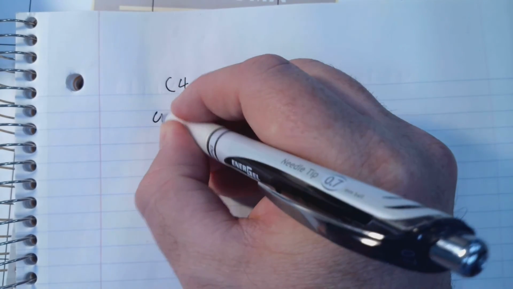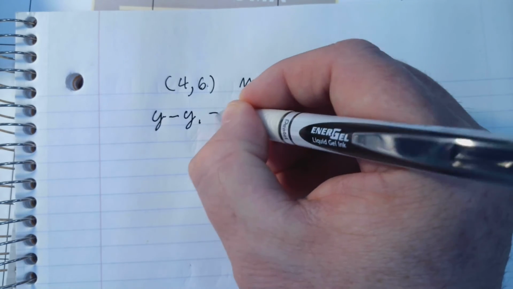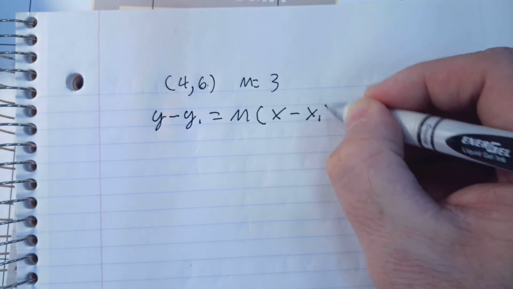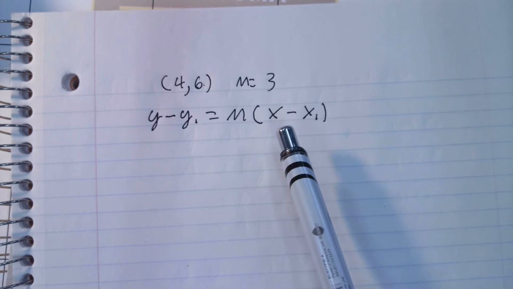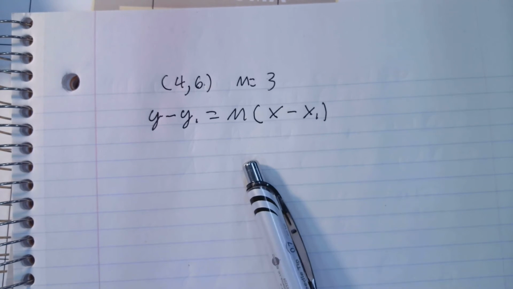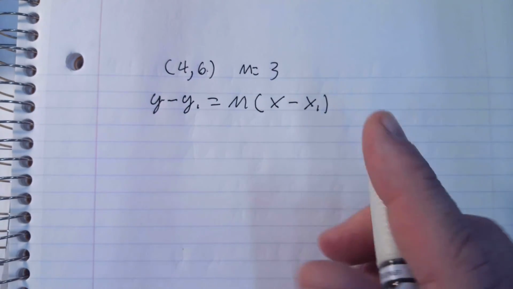I'm going to use point-slope form to get this: y minus y1 equals m parentheses x minus x1. And I'm going to show you another way to do this, but not today. This is probably the best way to do it. The other way, you don't have to memorize the formula, but you just have to kind of know what you're doing. So we're going to start with this way, and then I'll teach you the other way too.